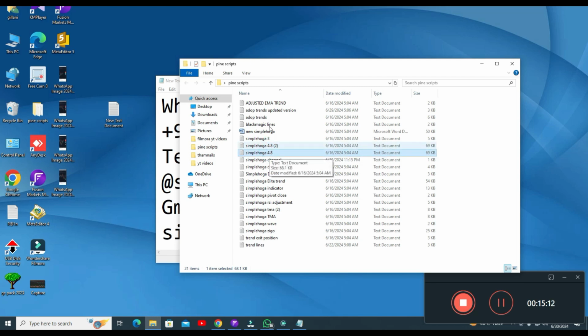Okay, I made this adopted and updated version of the indicator last day, and I received a lot of messages asking me to please send the update, because whenever people buy, I tell them updates are free.